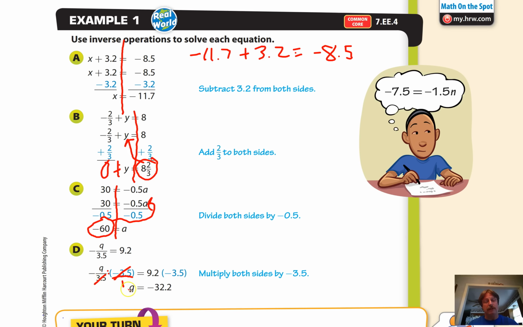We're left with just Q over 1. What I do on one side of the equation, I do on the other. So I take 9.2 times negative 3.5, I do the math, and I get negative 32.2. If you were to substitute that back into the equation, you would have negative 32.2 over negative 3.5. That would be a positive, because remember, there is a negative here. And if you did the math, it's going to equal 9.2.